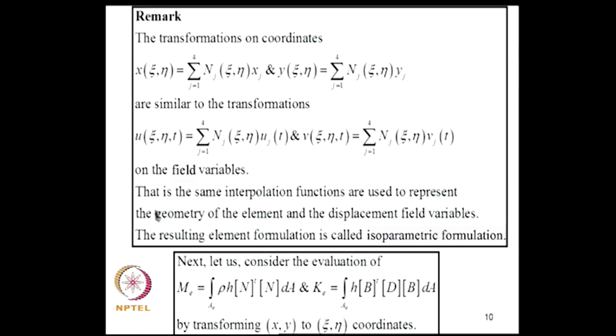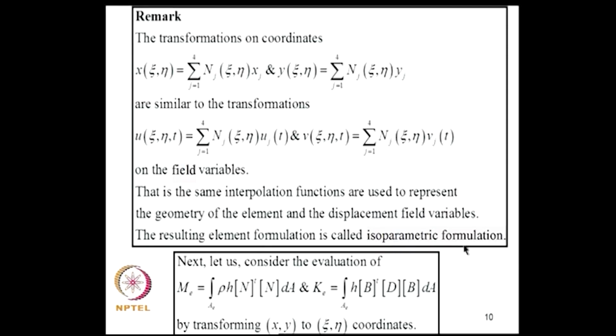What we conclude from this is that the same interpolation functions, these nj's, are being used to represent both the field variables as well as the geometric variables. The displacement field and the geometry of the element are getting represented through the same set of interpolation functions. The resulting element formulation is called isoparametric formulation.